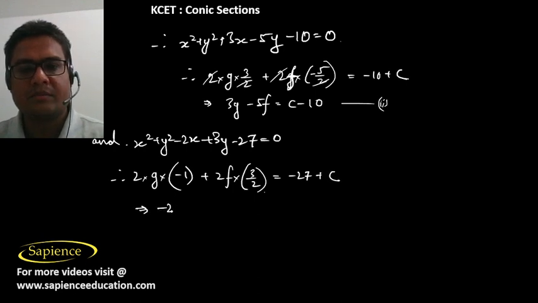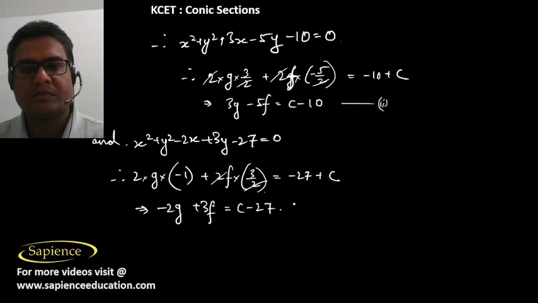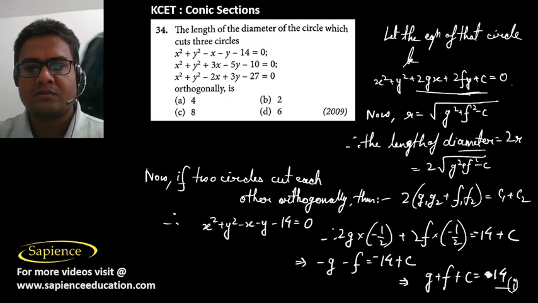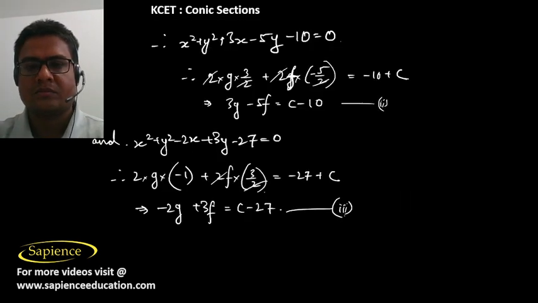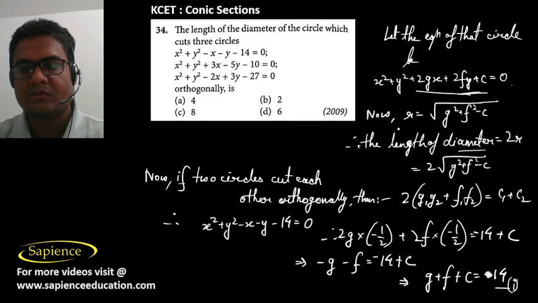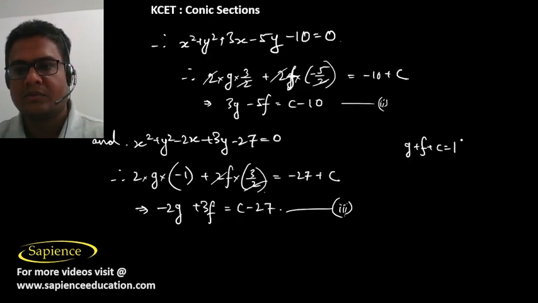So this will be minus 2g plus 3f, that is equal to c minus 27. So this is equation 3. And g plus f plus c is equal to 14.